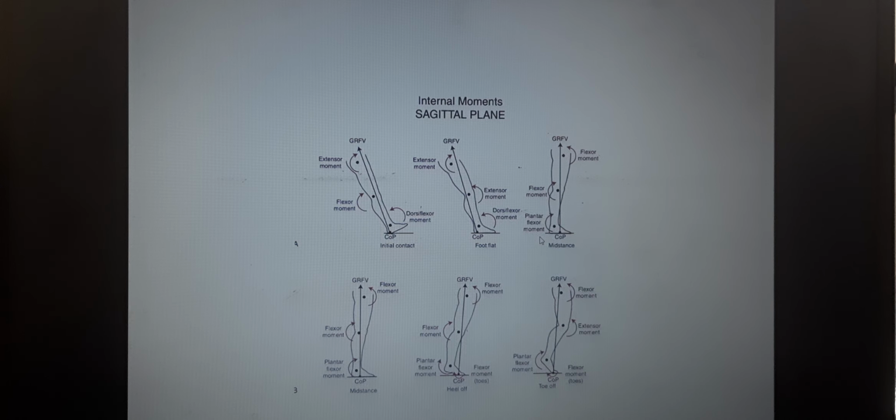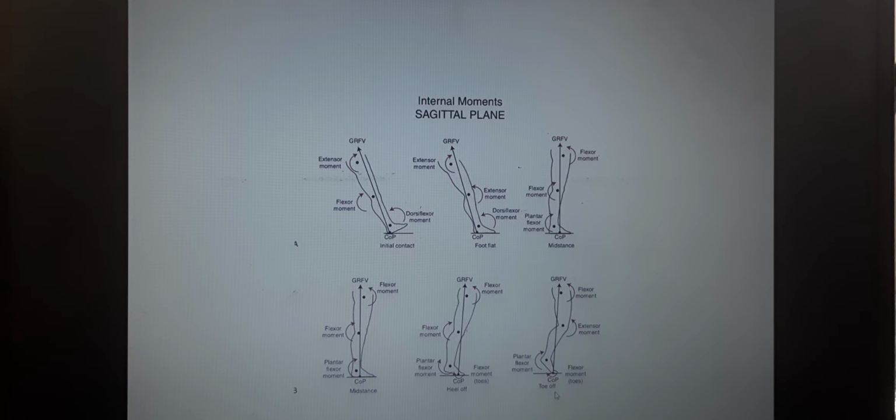During the mid stance phase, it lies anterior to both the ankle and knee joint and posterior to the hip joint. During the heel off phase, it is much more anterior to the ankle joint and knee joint, just posterior to the hip joint.